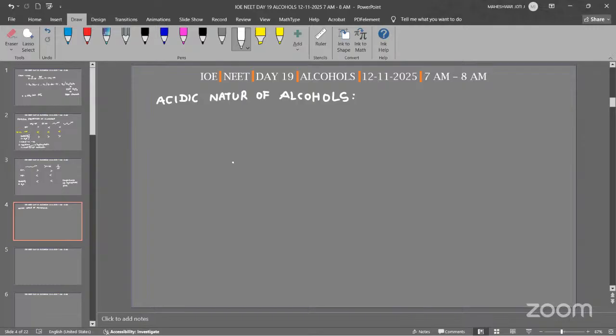See, let us take CH3OH, methyl alcohol, C2H5OH, ethyl alcohol. Next, isopropyl alcohol.